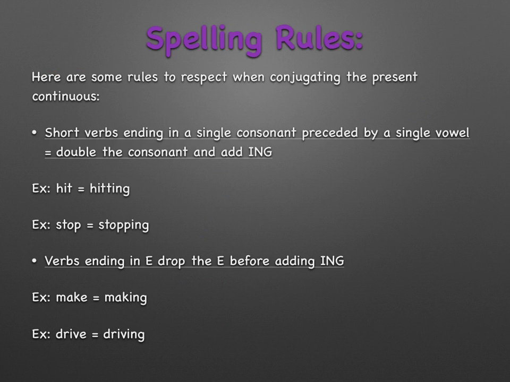When you are conjugating the present continuous, there are some spelling rules that you have to be careful about. Example, I have a short verb, so it means a one syllable verb, example, hit or stop.